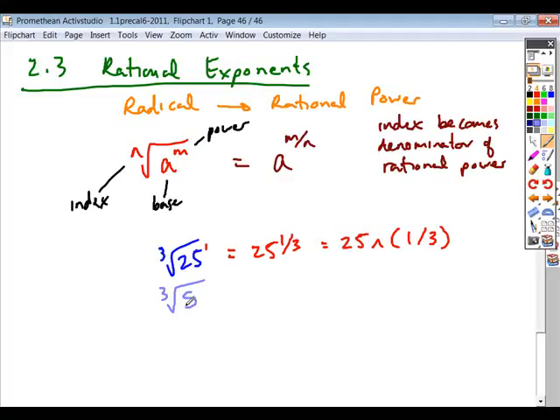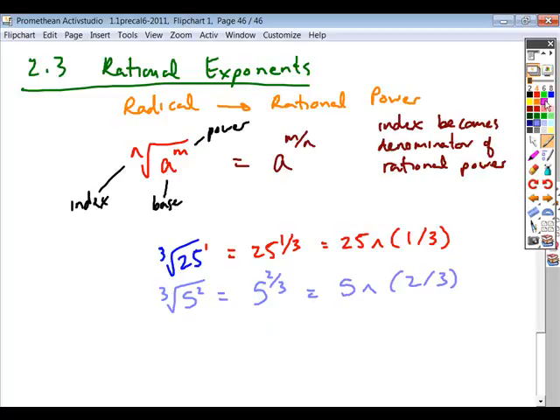So you need to be able to think of that as 5 squared, because now if you thought of it in the exponential form, the rational power form could also be expressed as your base of 5, power of 2, index of 3. So you could say 5 to the 2/3. That's another way to express that exact same number. Okay, so make sure that you can see both of those.